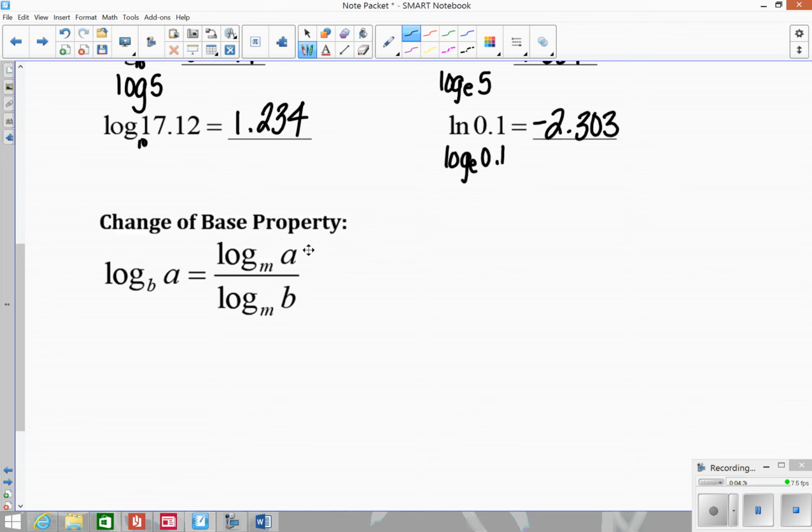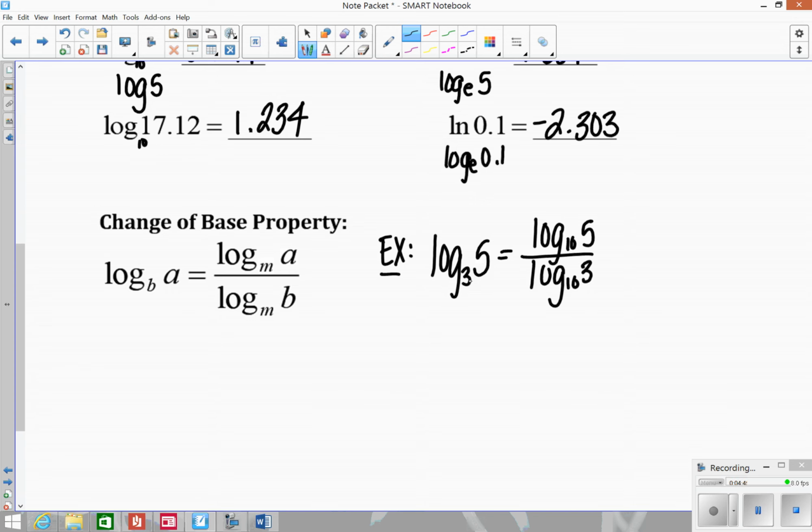So let's look at an example. It's easy to remember because it's always the bigger one divided by the smaller one: log of the bigger one divided by log of the base.